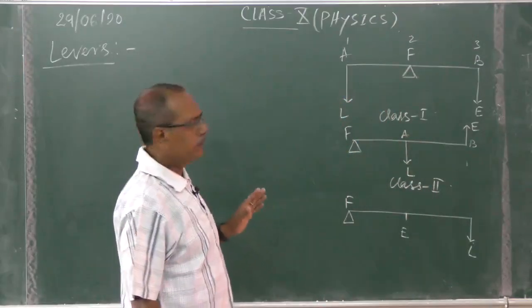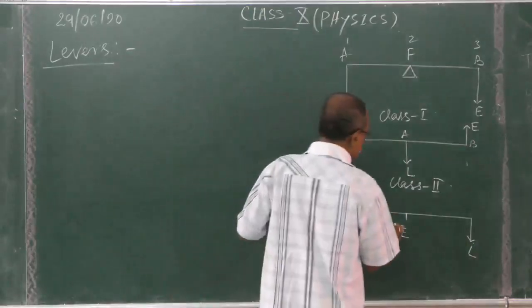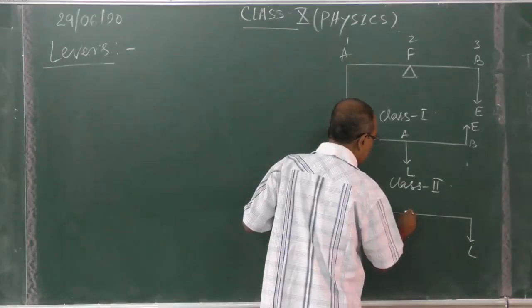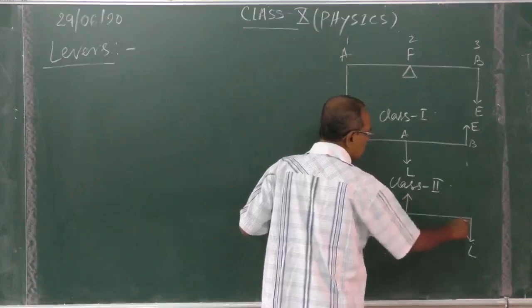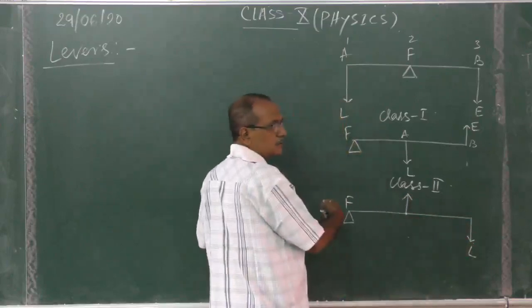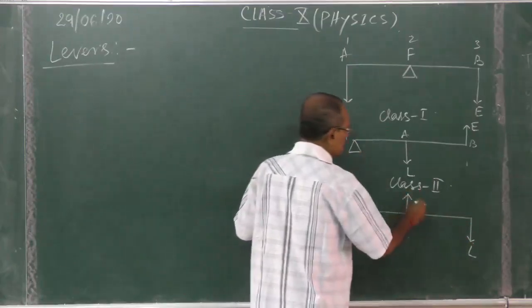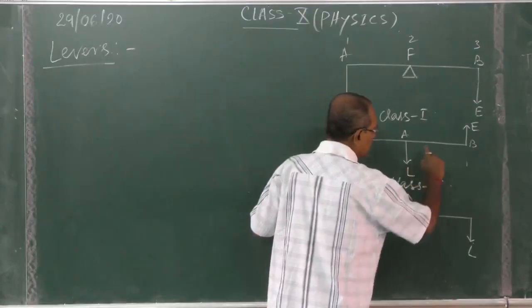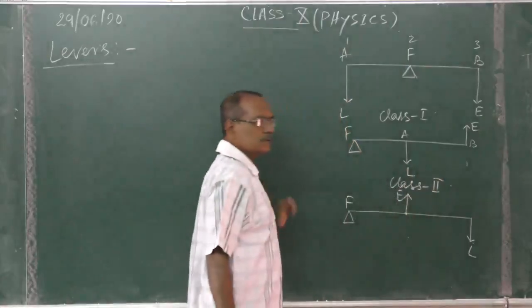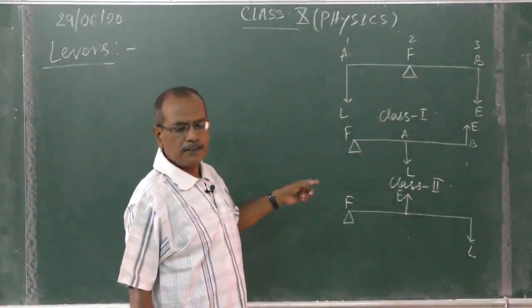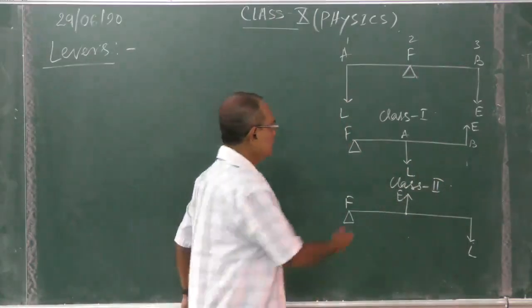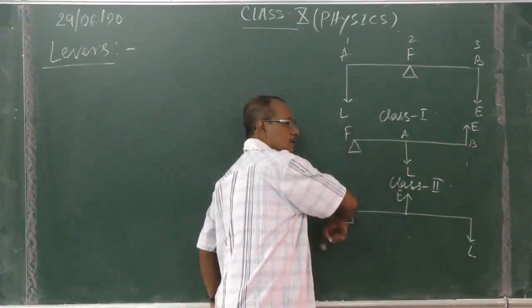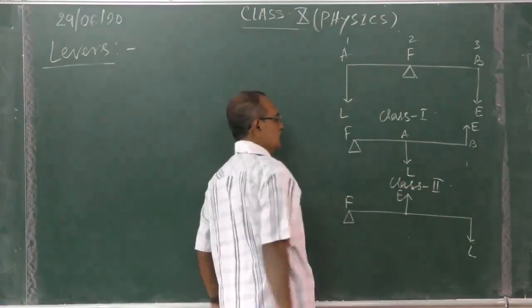Now what happened? If this is A, effort we are applying in the upward direction, because load is producing a clockwise moment. Therefore effort will produce an anti-clockwise moment. Just see, effort is producing anti-clockwise in this way.